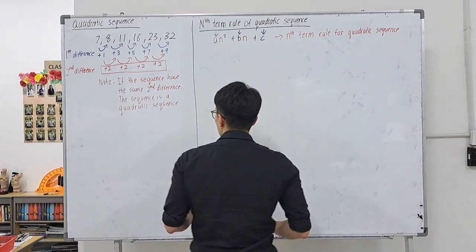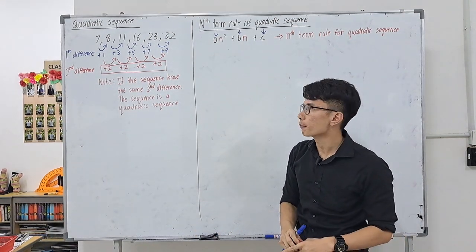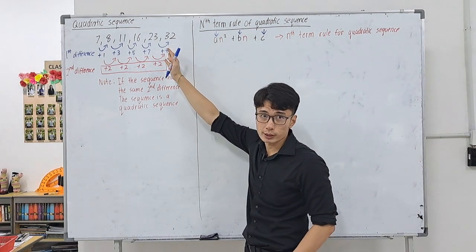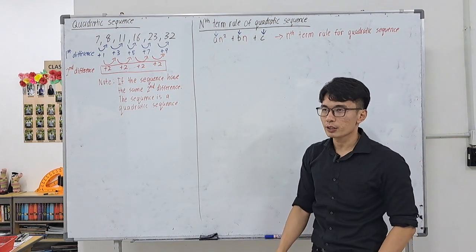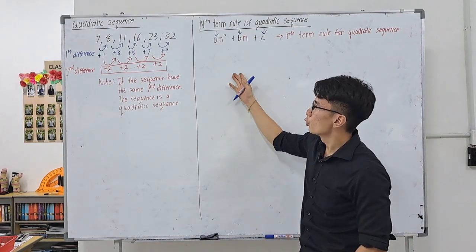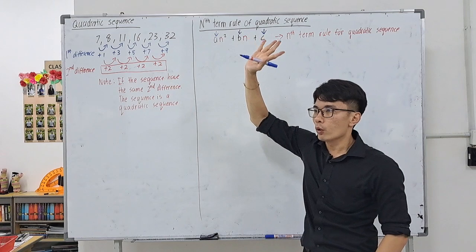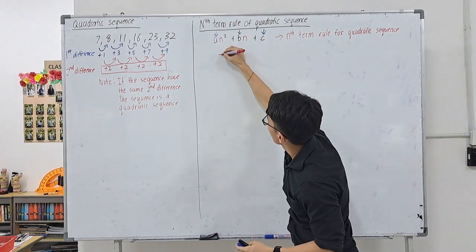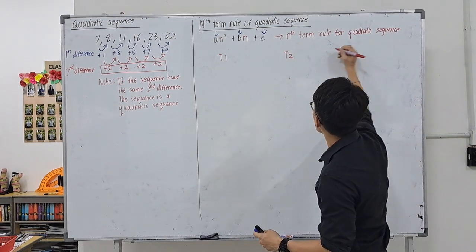Over here, I'm going to show you a proof of how to find a, b, c. Now, we know that this sequence is called a quadratic sequence, so it must have something to do with this, correct or not? So let's write an expression to represent the numbers over here. I will have term 1, term 2, and term 3.